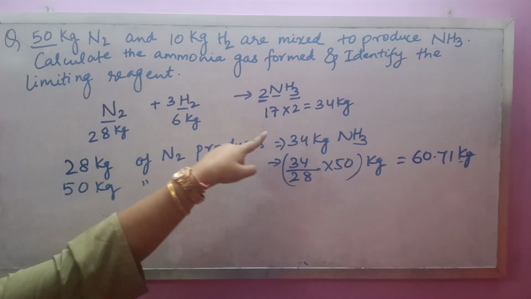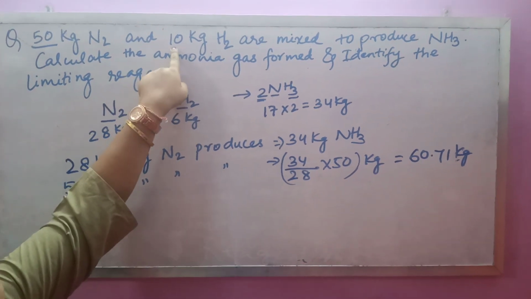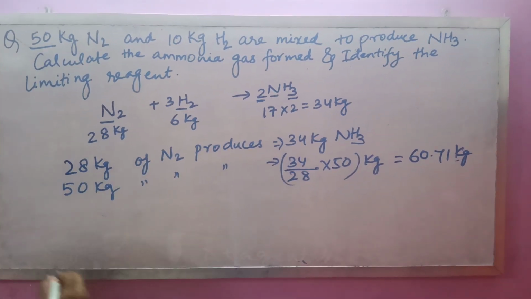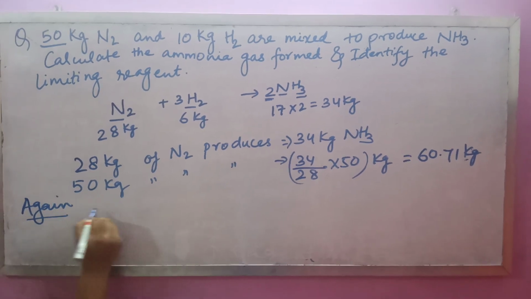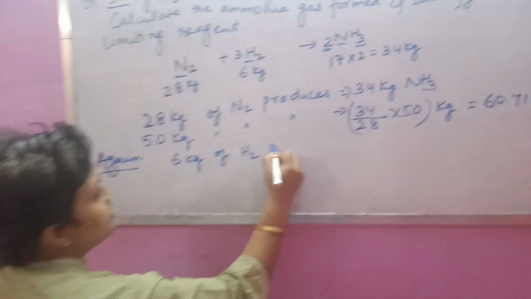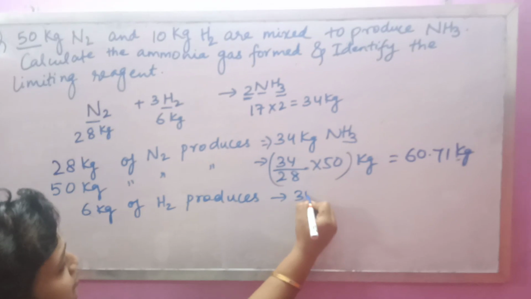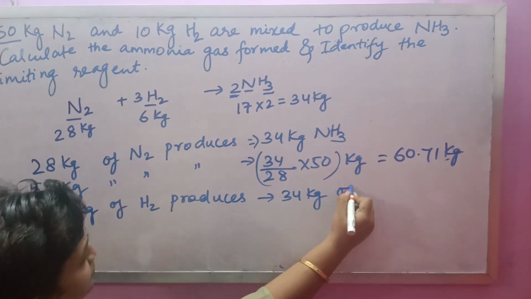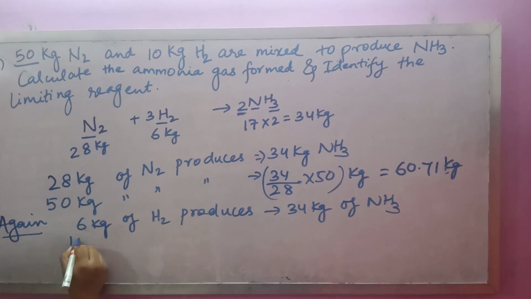Now 6 kg of H2 is producing 34 kg of ammonia, but you have to calculate for 10 kg of H2. So again, according to the equation, 6 kg of H2 produces 34 kg of NH3, but you have to calculate for 10 kg.